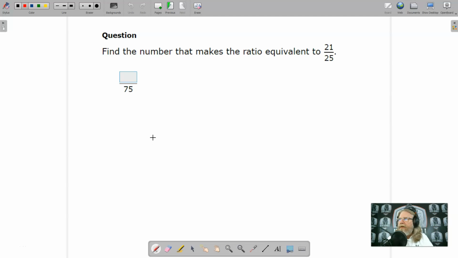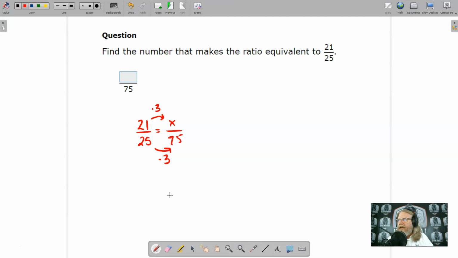And my final example here, I have 21 to 25. And so we're going to set that equal to x over 75. So the value's gotten greater, so we're multiplying, right? What number do we multiply by? 25 times 3 would be 75. So let's go ahead and do the same to 21. 21 times 3.